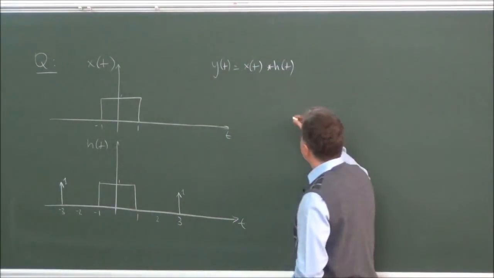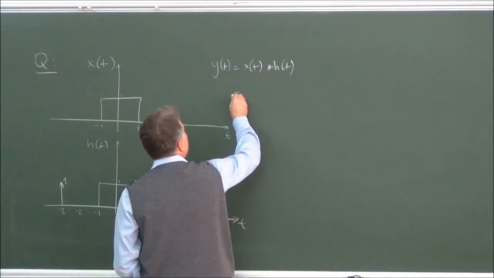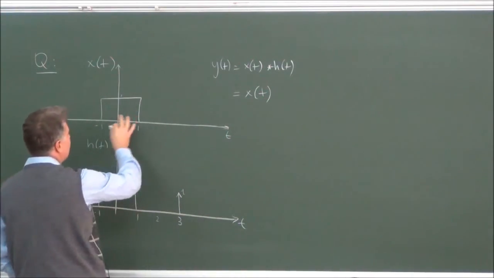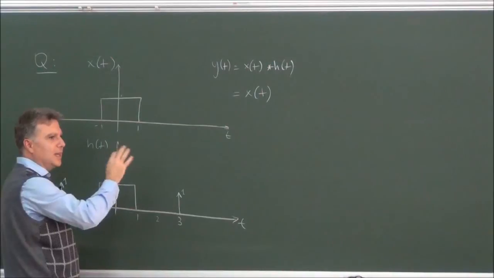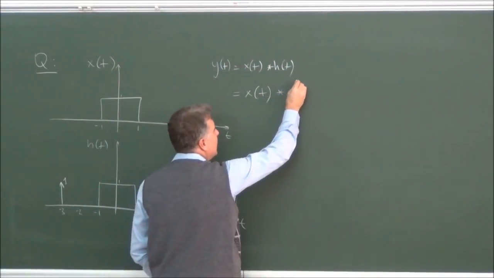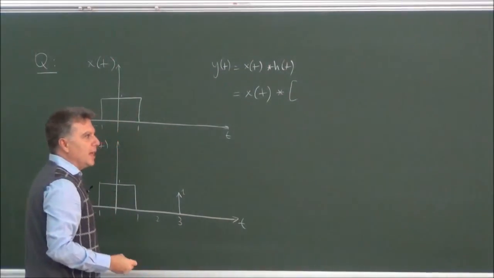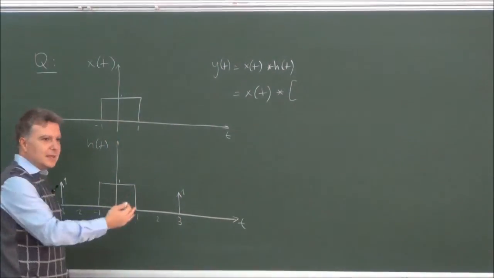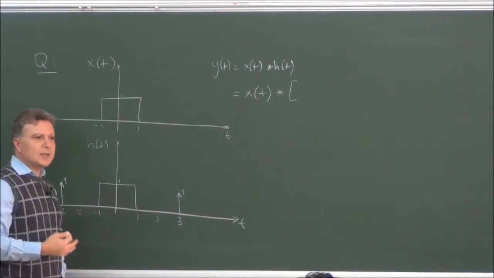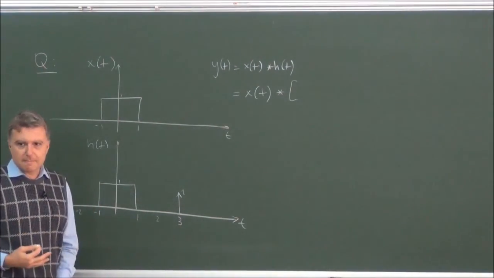What I mean is this. This x of t consists of a single entity anyway, so let's not separate it into other things. But if you have an h of t consisting of an addition of separate parts, then you can make the convolution with separate parts separately.